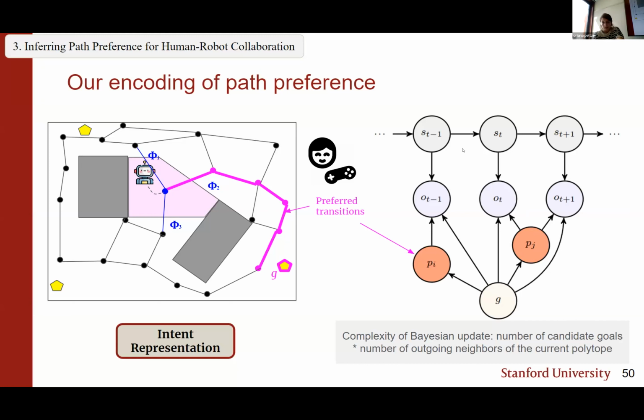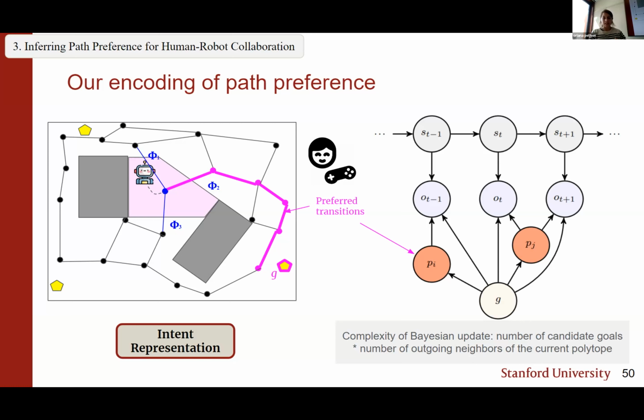By assuming this structure, we're making a conditional independence assumption. We're saying that, conditioned on the state, the preference for the immediate neighbor, and the goal of the task, the observation and any of the other preferences are conditionally independent.